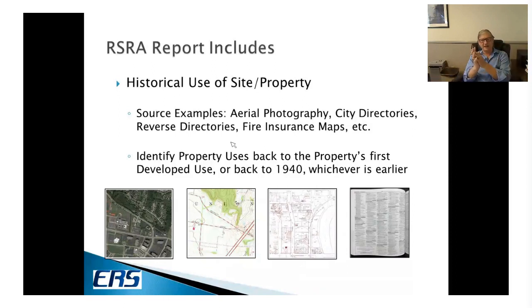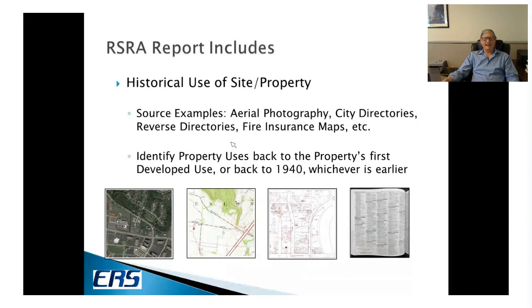What a reverse directory is, a section in a city directory, is it gives you street addresses. So it lists block after block of a street with addresses and what was there. And so we look up your address and your block and compare it. And it's pretty cool.